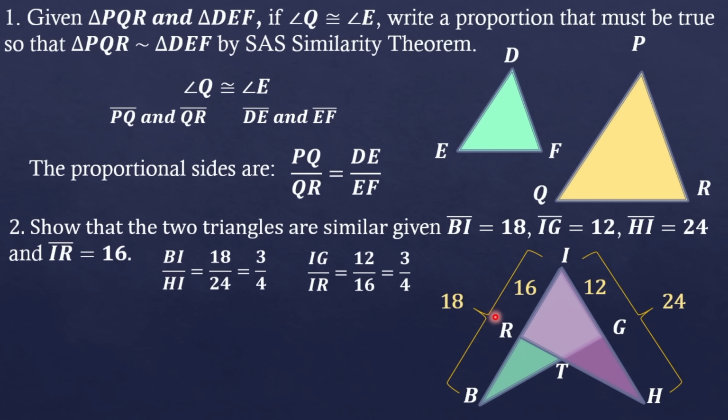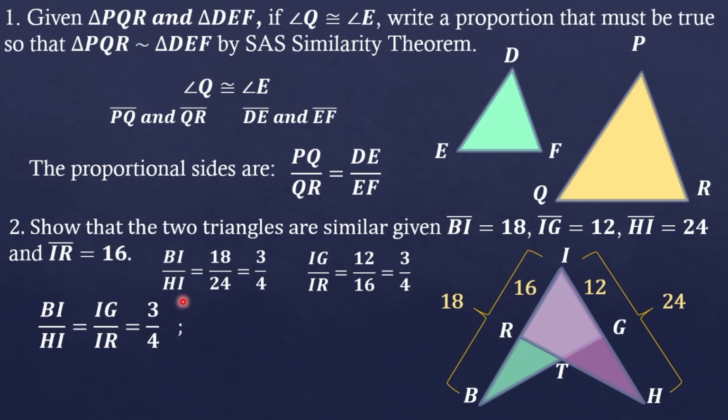And then, we also have another proportion, IG over IR, so this is 12 over 16. Pag kinuha po natin ang simplest form, that is also 3/4. So, we can say that these two triangles, ito pong green at yung pink natin, meron po silang proportional sides. Okay? Bakit? Kasi pareho pong 3/4 ang kanilang similarity ratio.